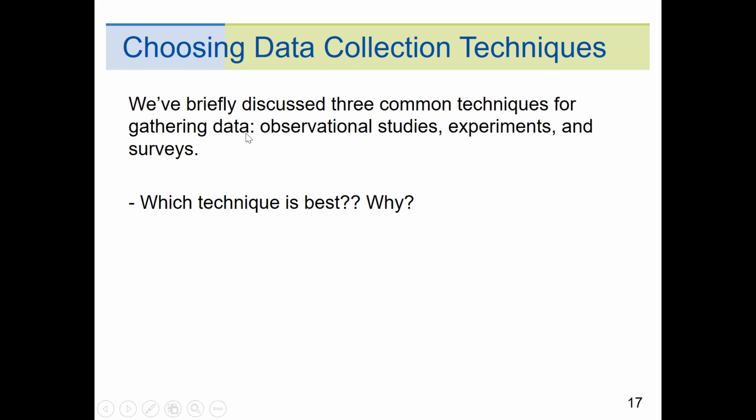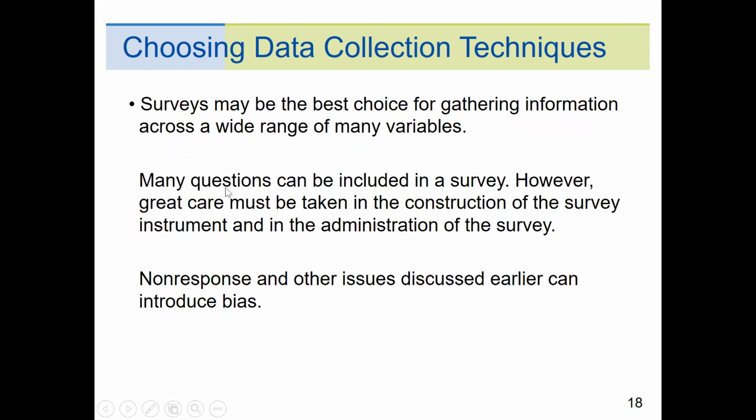It depends on what you're trying to study and what you're specifically looking into that impacts which one is the best. So surveys might be the best choice for gathering information across a wide range of variables because it's quick and easy. You can include many questions in a survey, so you can get a lot of data gathered at one time. That's a benefit of surveys.